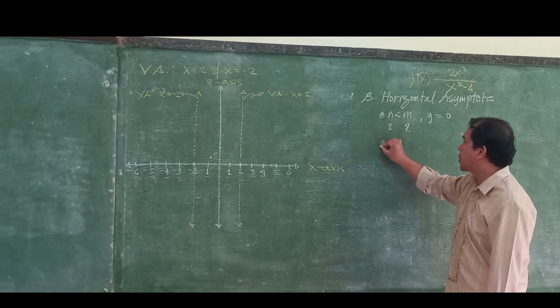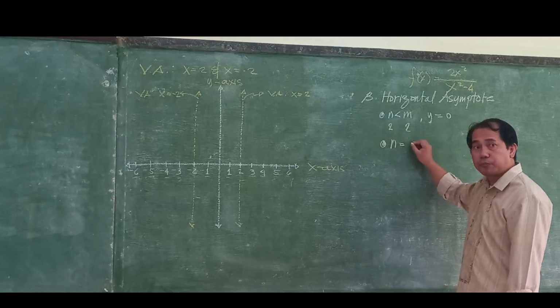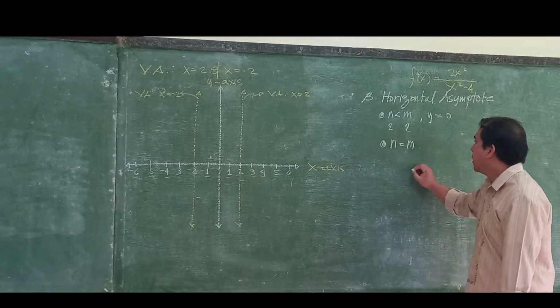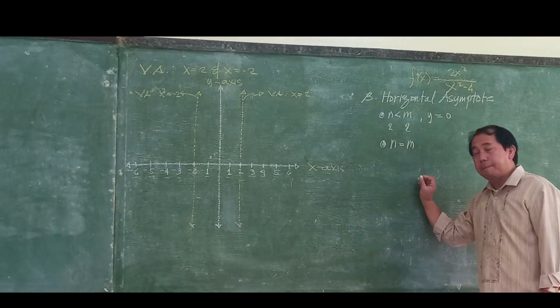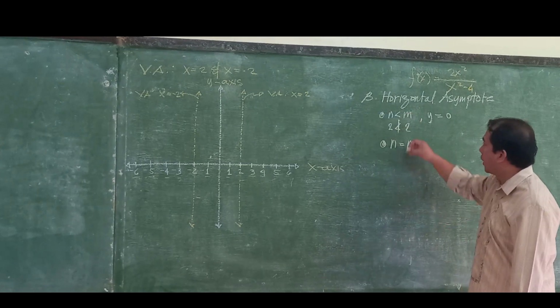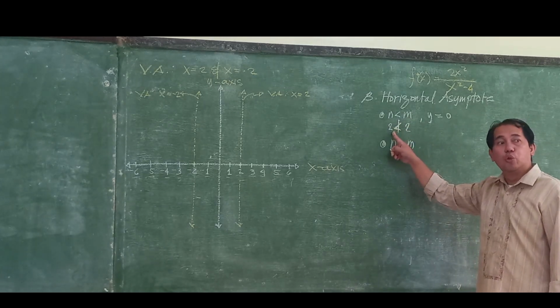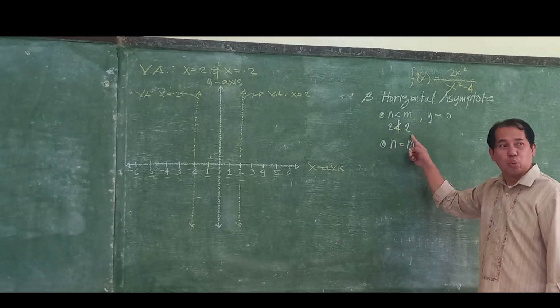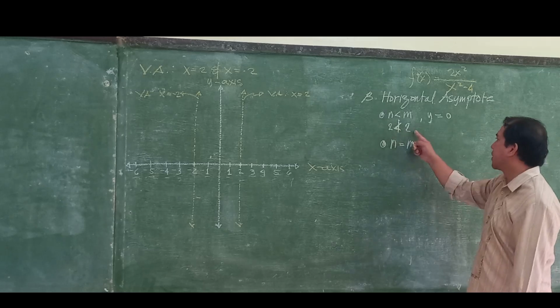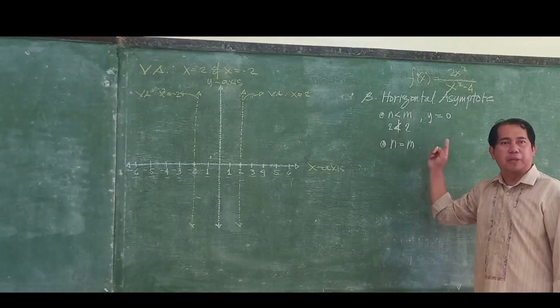The next condition states that if your n is equal to m, I will use this one. 2 is not less than 2, and so this is not applicable. The condition number 1 is not applicable.